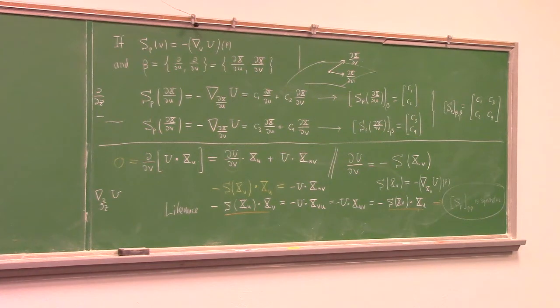But r is a constant, right? And so if v is v1 partial x plus v2 partial y plus v3 partial z, then what's this work out to?